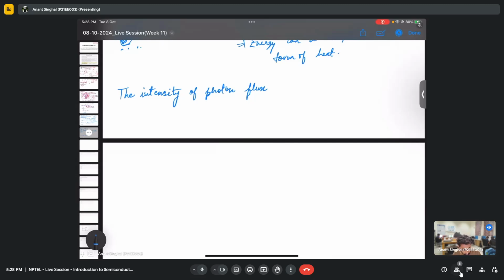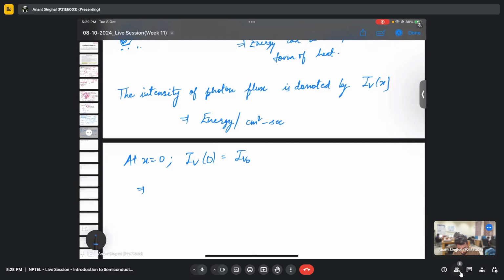The intensity of the photon flux is denoted in general by I sub nu of x, and it is expressed in terms of energy per centimeter square per second. If we assume that at x equals 0 the intensity is I nu naught, then the intensity at x is given by I nu naught times exponential of minus alpha x.